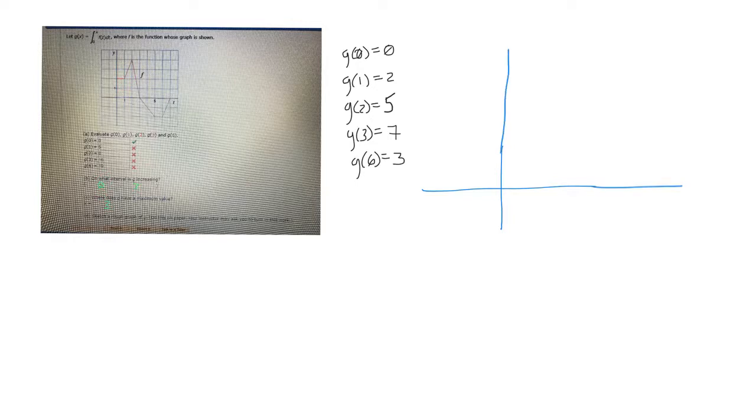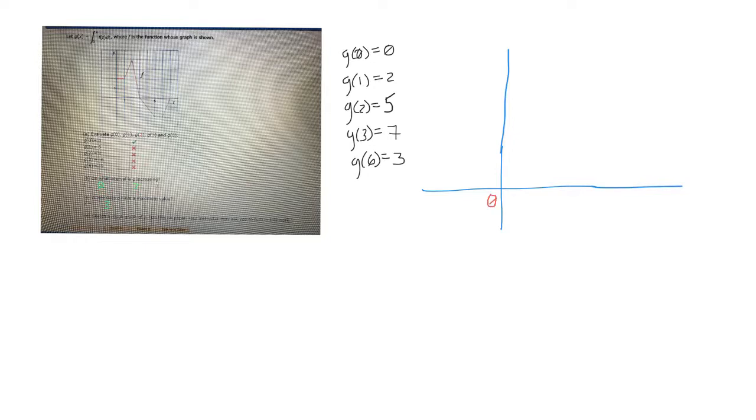Let's see, at g of 0, let me get clear about the range. The domain that we could consider is from 0 to 6. I'm comfortable with that. And the range that we could consider is from 0 to 7. I'm comfortable with that too. So 0 is going to be right there.